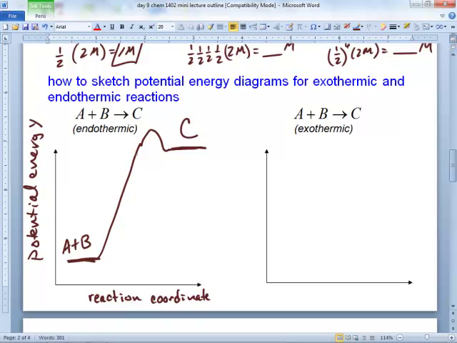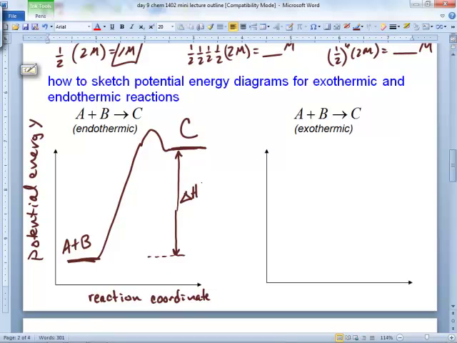And then they want you to label a couple things. One is the enthalpy. What symbol was the change in enthalpy? Delta H. And all you do is you find out where the reactants are and where the products are. Wherever they're at, draw an arrow between them. That's your delta H.